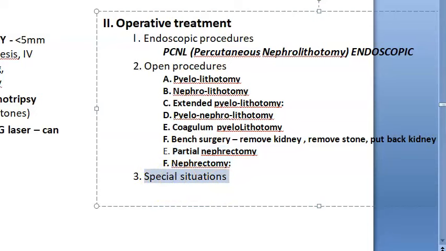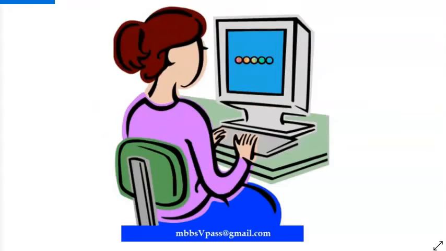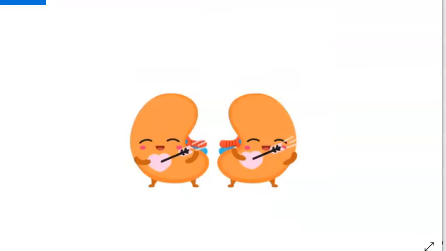Okay, now we have to go to something called special situations, which is there in another textbook. Okay guys, so let's look at special situations. Do you want to look at the happy kidneys? Here they are. So what are the special situations? With bilateral kidney stones, the kidney with better function has to be operated first.